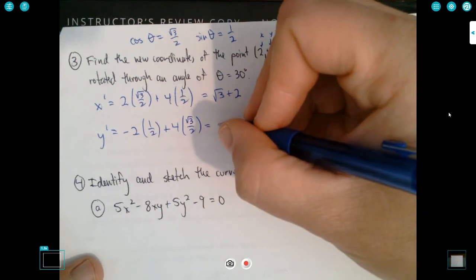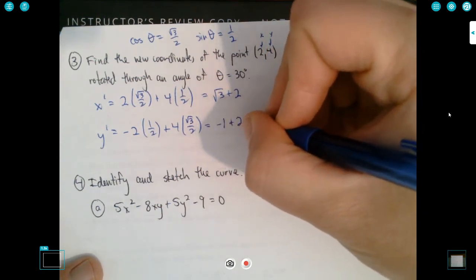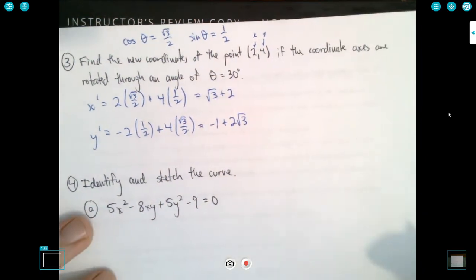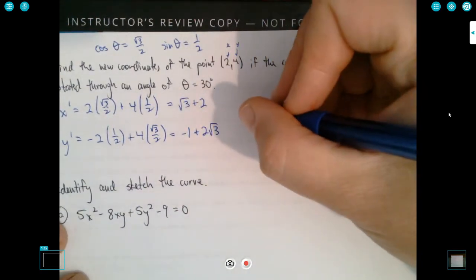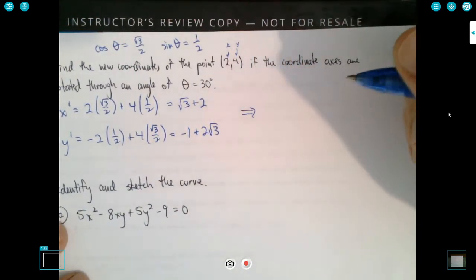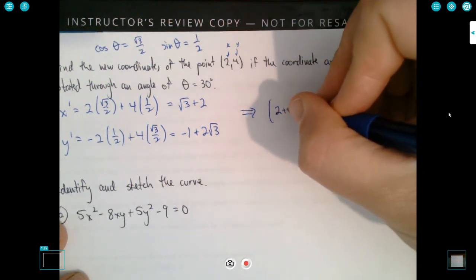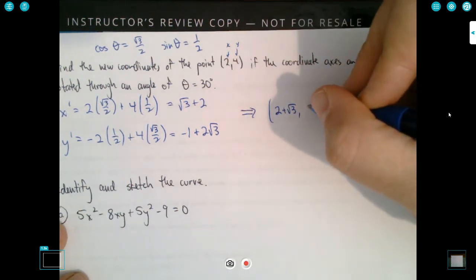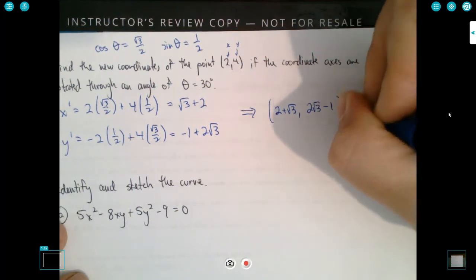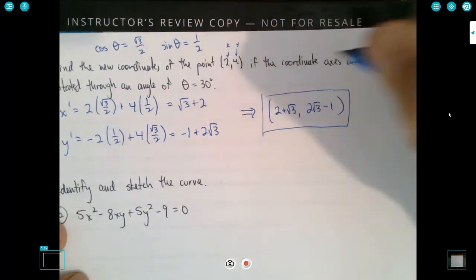And that's going to be negative 1 plus 2 root 3 for y prime. Okay. Putting that together, the point that you get in x prime, y prime coordinates would be 2 plus root 3, comma, 2 root 3 minus 1. There's the x prime, y prime coordinates.